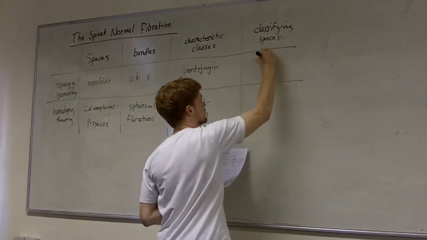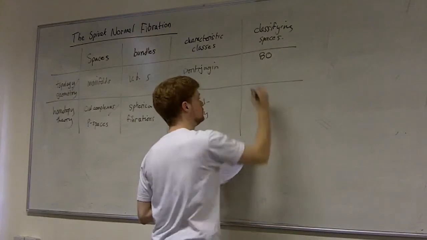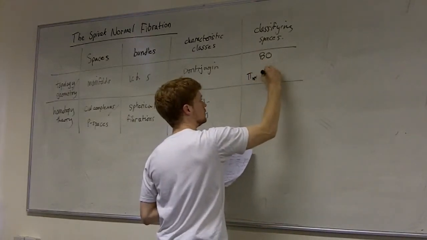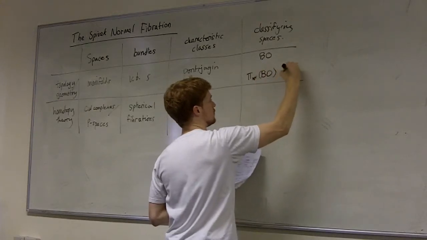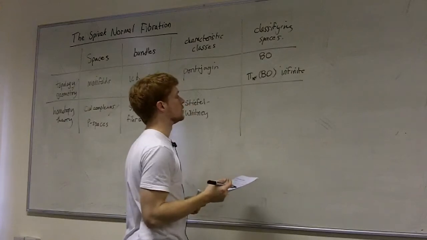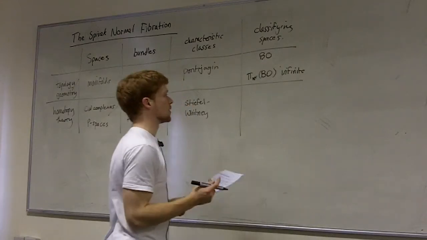So we've got classifying space BO, and we note that the homotopy groups are infinite. So this sort of all falls out from calculations of Bott periodicity and things like this.